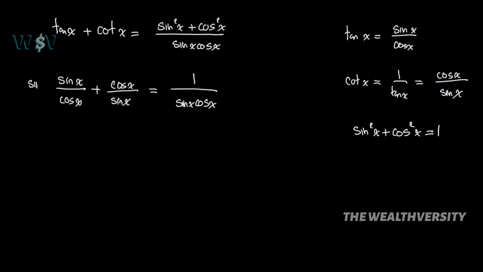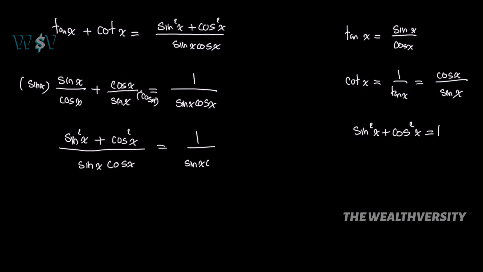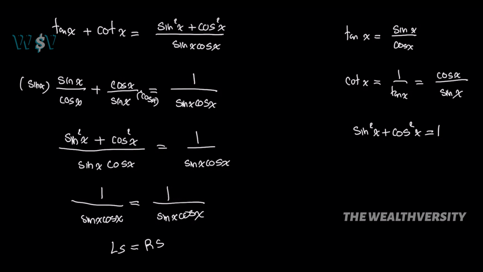To get the common denominator sine x times cos x, we will multiply the first fraction by sine x and the second fraction by cos x, which will leave us with (sine x squared plus cos x squared) over (sine x times cos x). And this is equivalent to the first expression on the right side when we first started proving this identity. So basically we have 1 over (sine x times cos x) is equal to 1 over (sine x times cos x). And since left side equals right side, this identity has been proven.